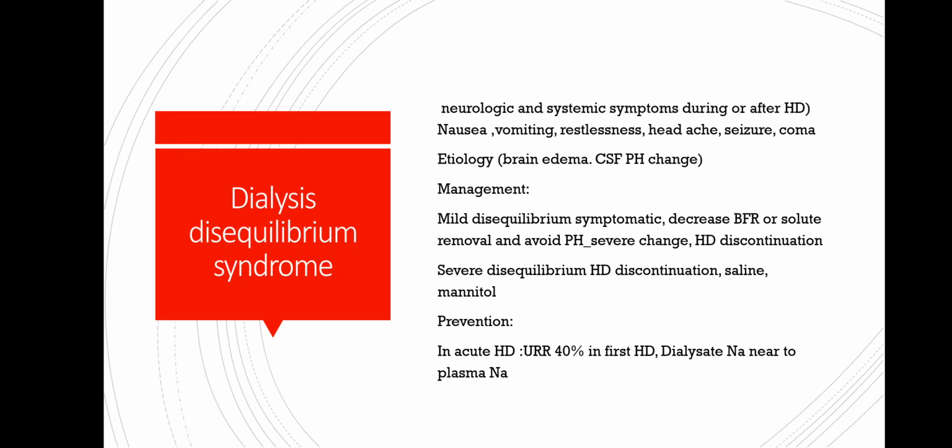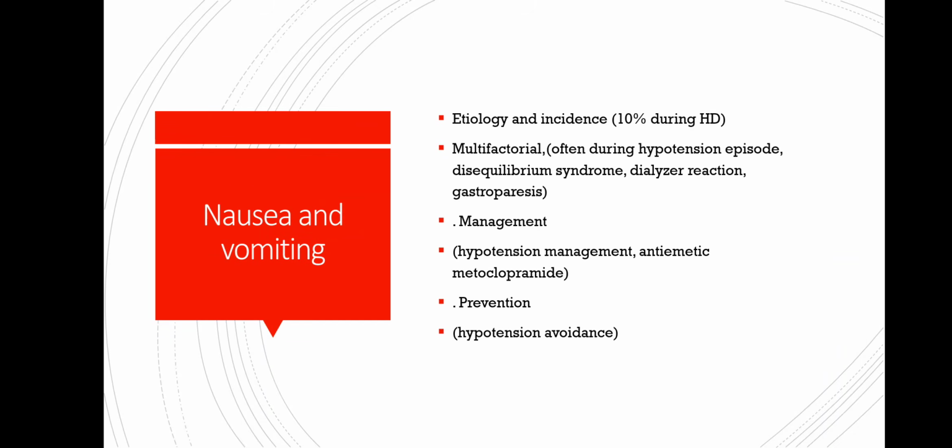Prevention in acute HD is a urea reduction rate of 40%, with dialysate sodium near to plasma sodium. Next, nausea and vomiting.